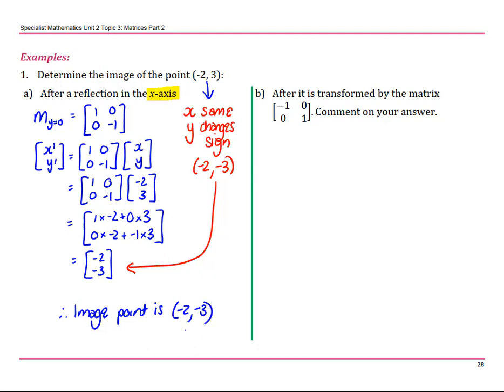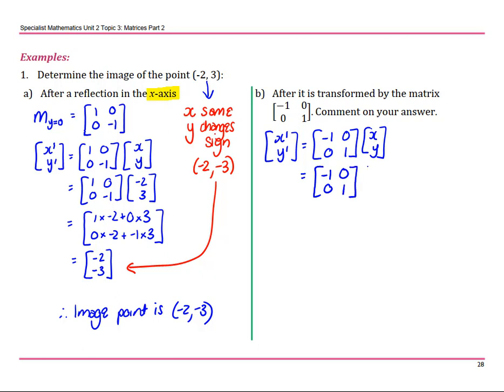Next, the point is transformed by the matrix negative 1, 0, 0, 1. So our image is going to equal negative 1, 0, 0, 1 times xy, which is negative 1, 0, 0, 1 times negative 2, 3. Negative 1 times negative 2 plus 0 times 3, that's 2. 0 times negative 2 plus 3 times 1 is 3.